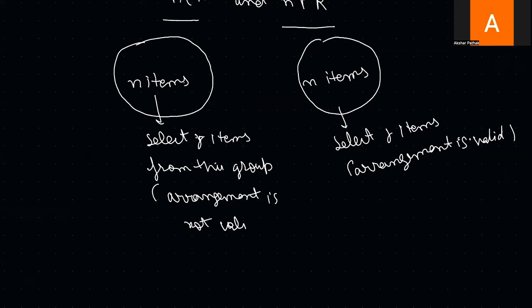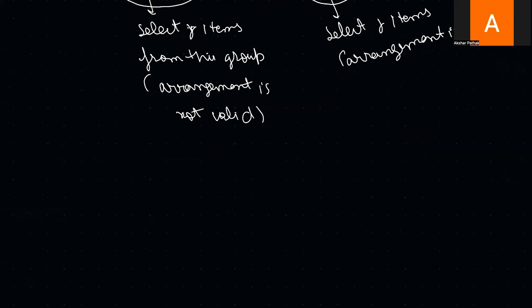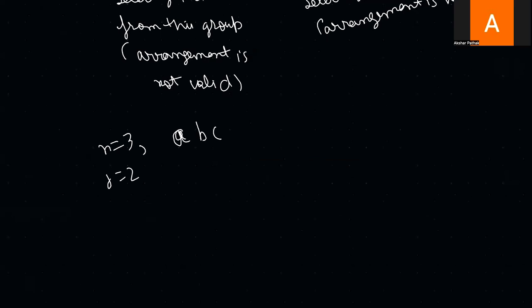So let me give you a very basic example. Let's say n is equal to 3. Okay, this is the n value, and r is equal to 2, and your items are ABC. Now you have to select two items from this word, and I will ask you in how many ways can you select two letters from this three-letter word.